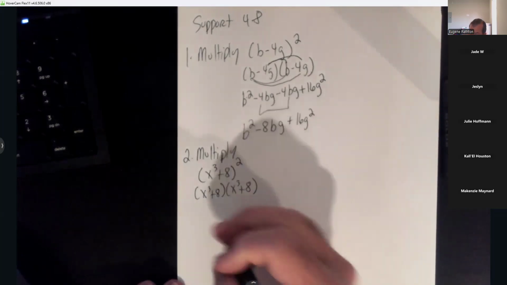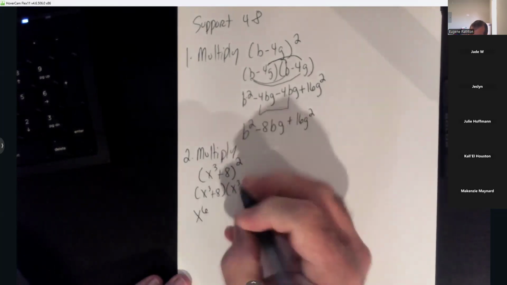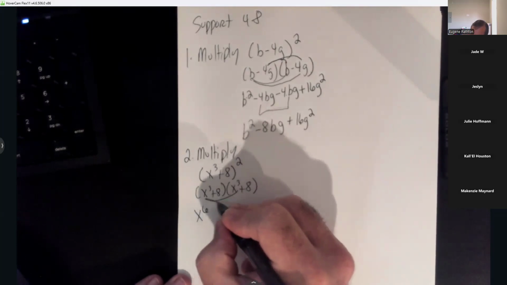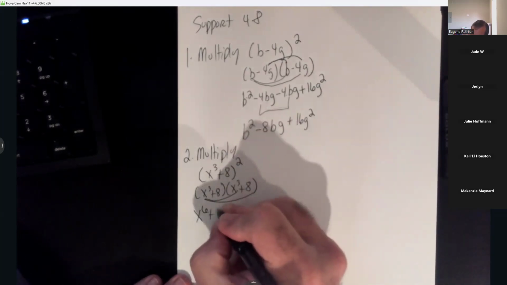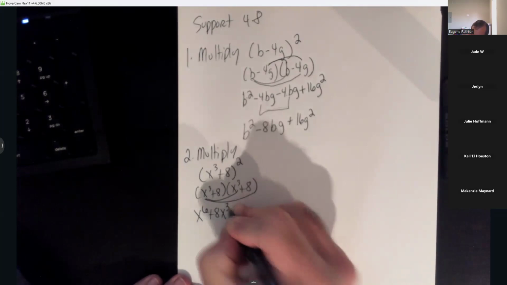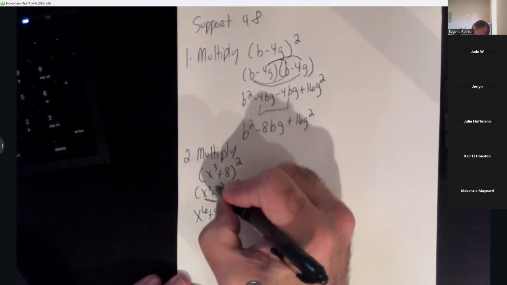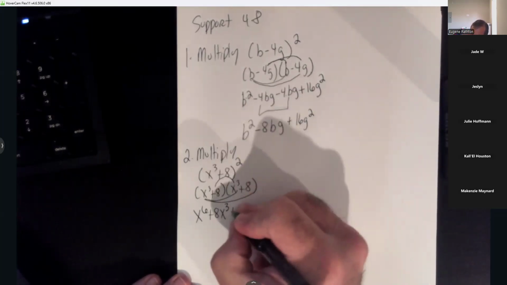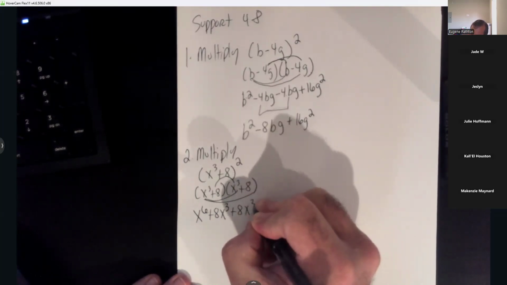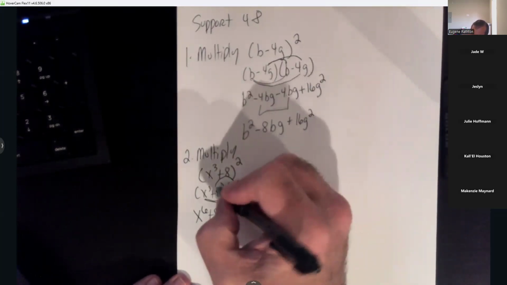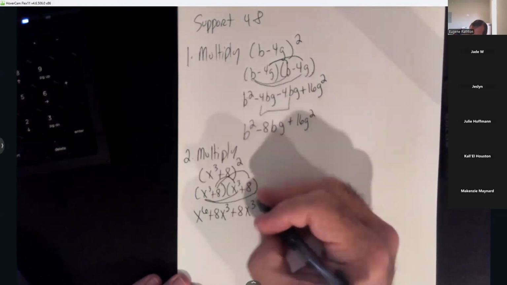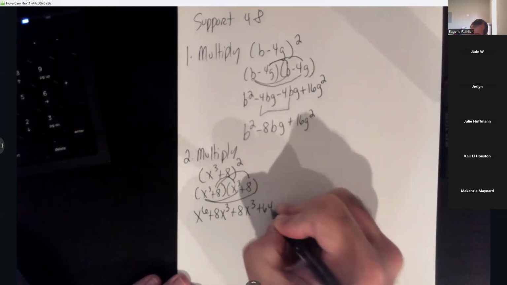So 3 plus 3 will make that an x to the sixth. Then I got an x to the third times 8, which is a 8x to the third. This 8 times x to the third is a 8x to the third. And then finally, the 8 times the 8 was a 64.